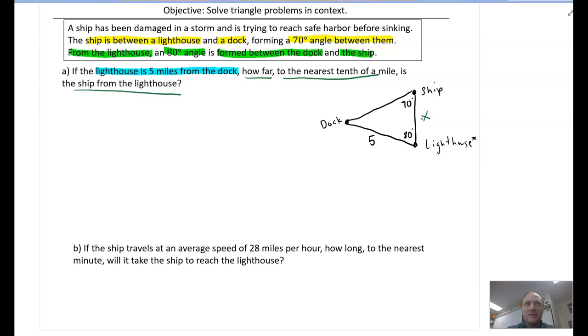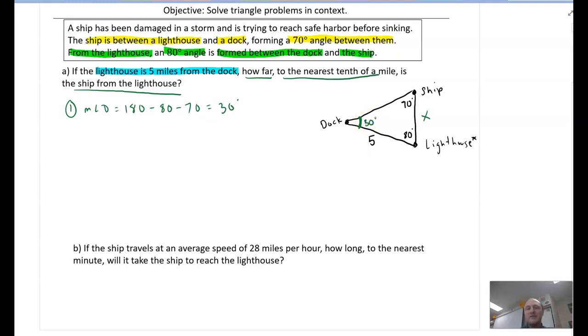We can find this angle here, which I'll call the measure of angle D. Step 1: the measure of angle D is equal to 180 degrees minus 80 degrees minus 70 degrees, which is 30 degrees.